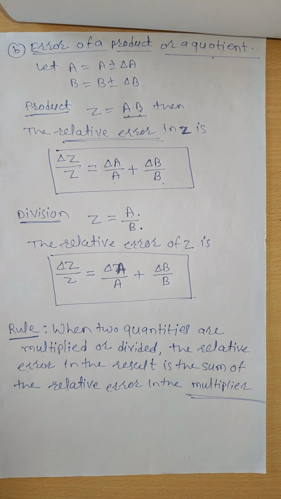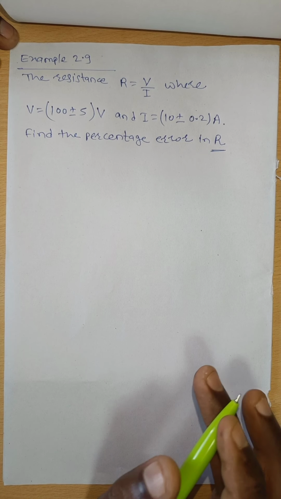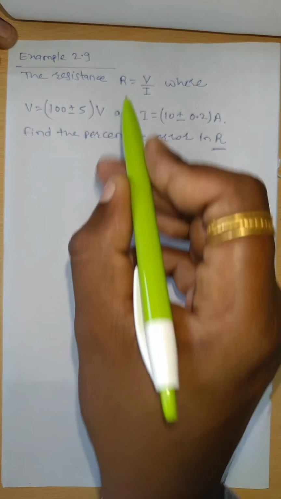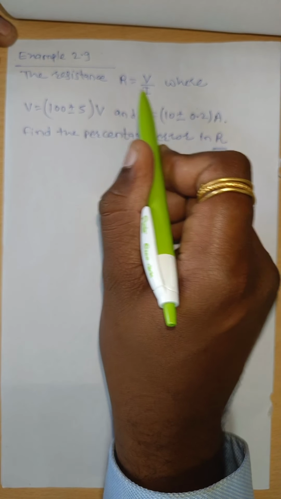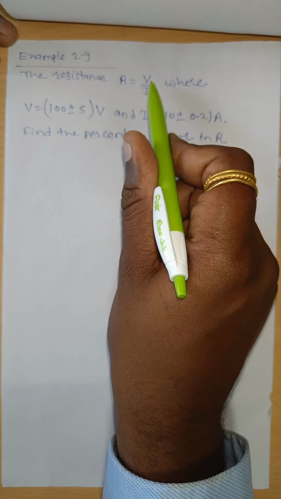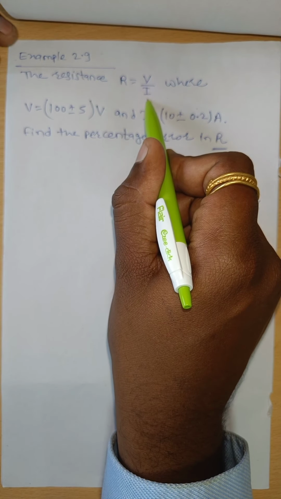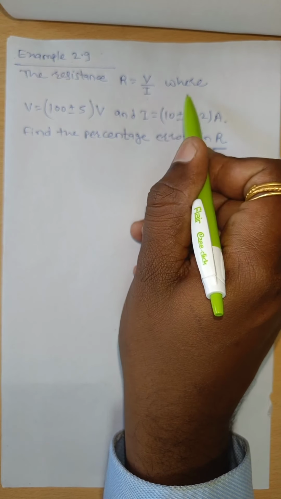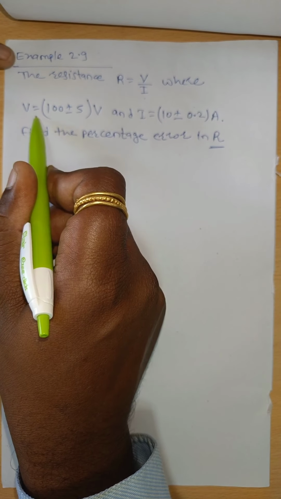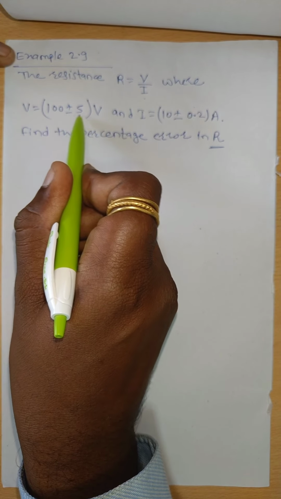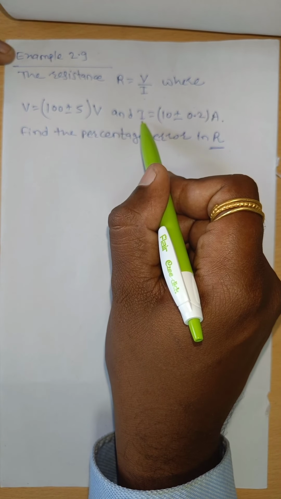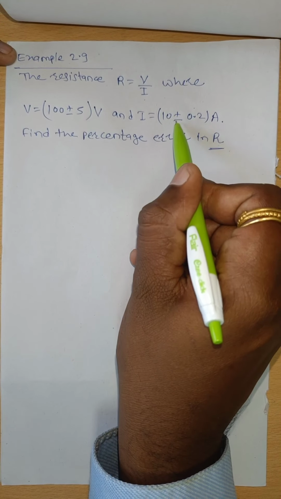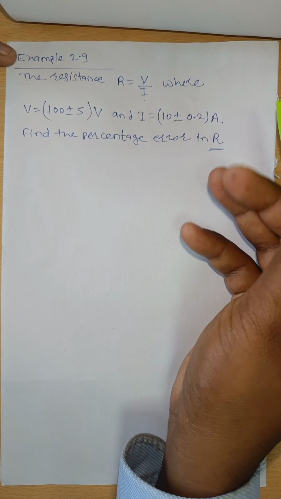We have to see two examples based on this rule. Now example 2.9: the resistance R is equal to V by I, where V is the voltage and I is the current. Voltage V is equal to 100 plus or minus 5 volt and current I is equal to 10 plus or minus 0.2 amperes.